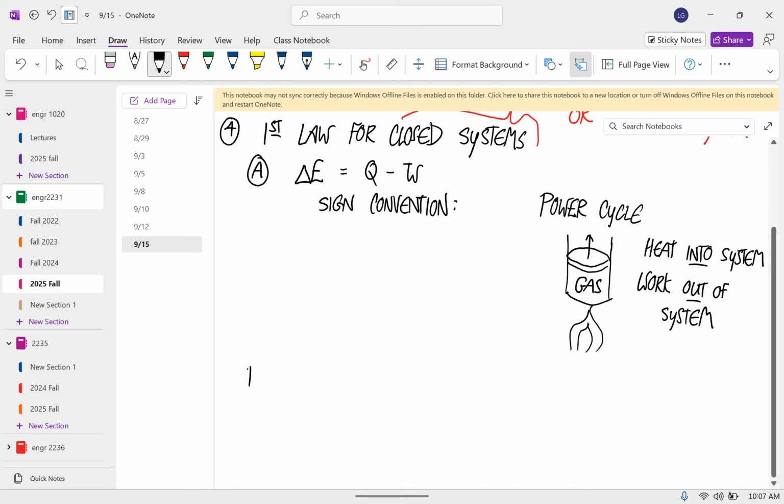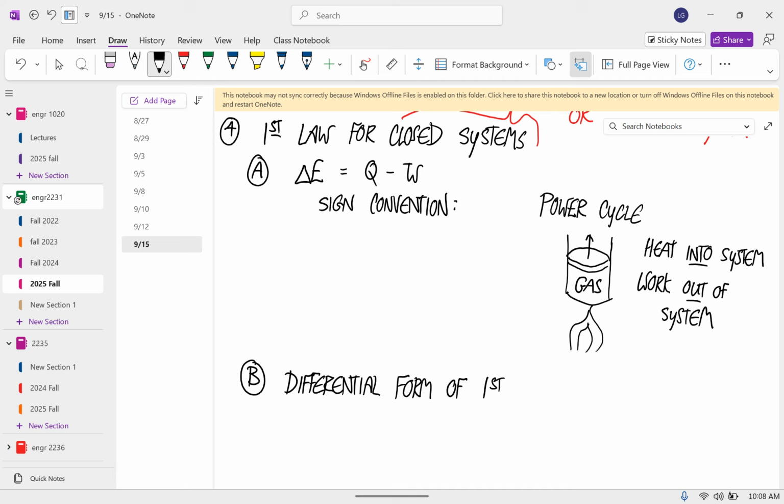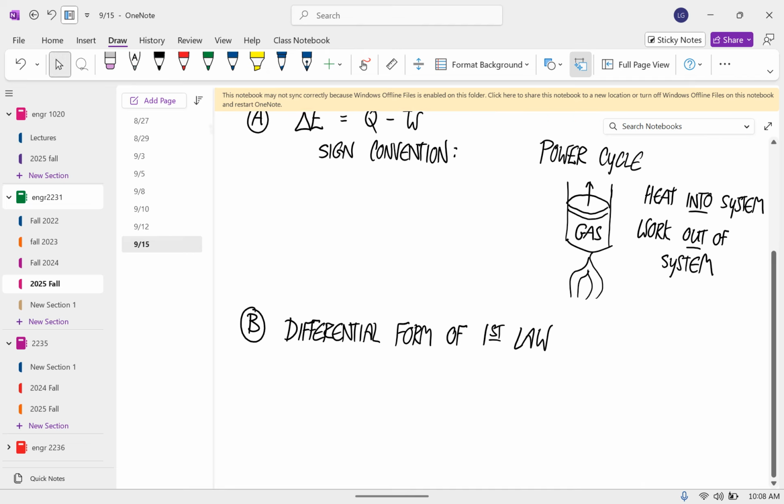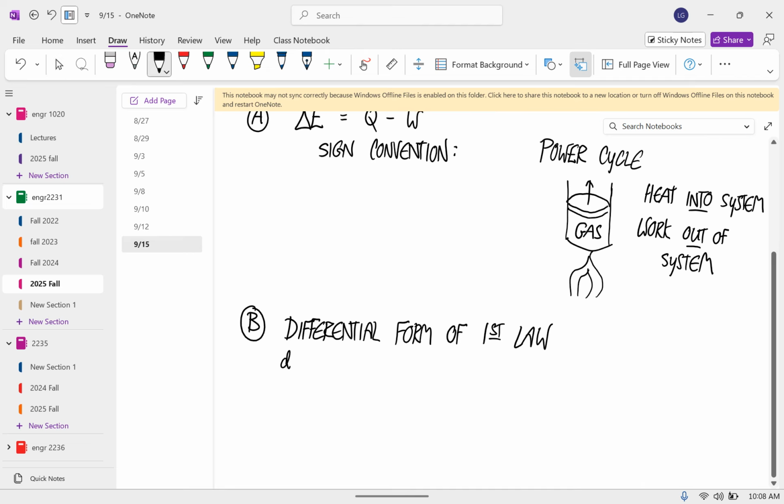And then the second one is like the difference form of the first law of thermodynamics. Then we also did the differential form of the first law, and that said dE/dt is equal to Q dot minus W dot.